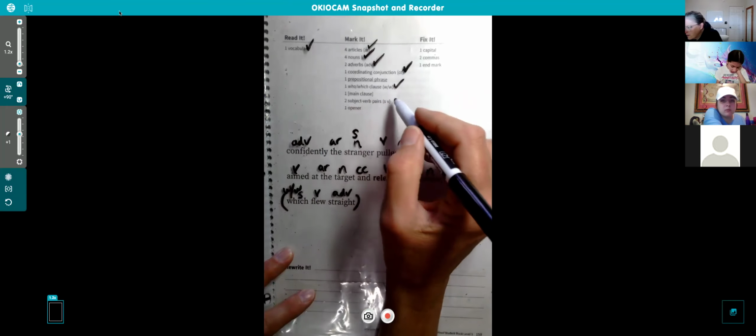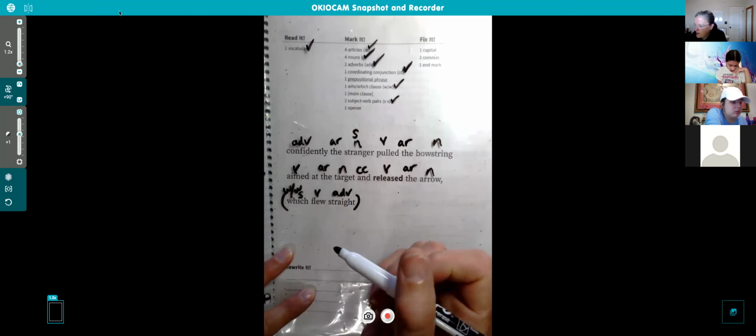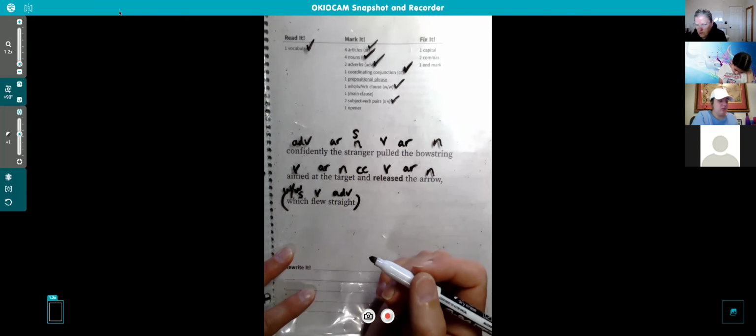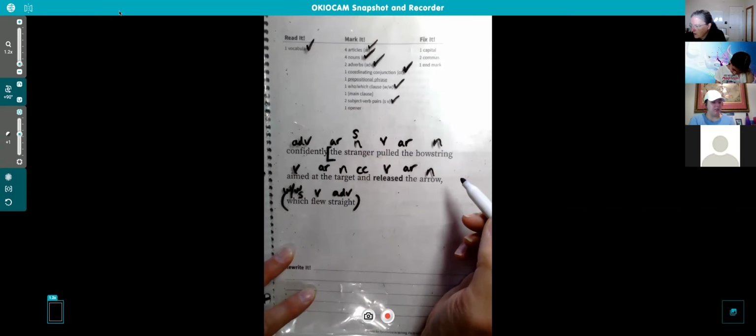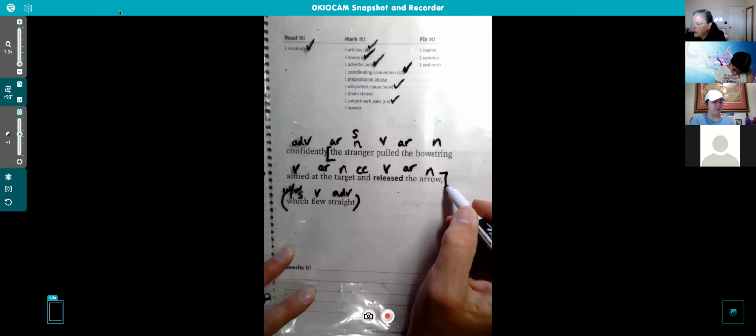How about the main clause, Harmony? Do you know where the main clause is? The stranger pulled the bowstring, aimed at the target, and released the arrow. Yes, good.